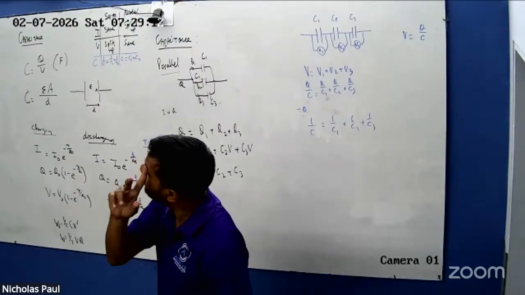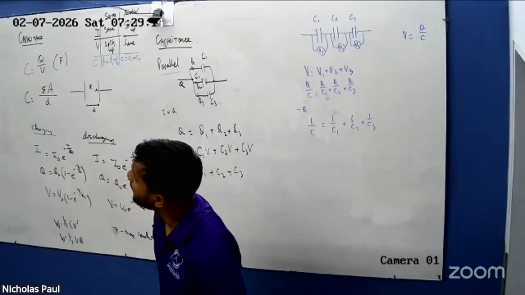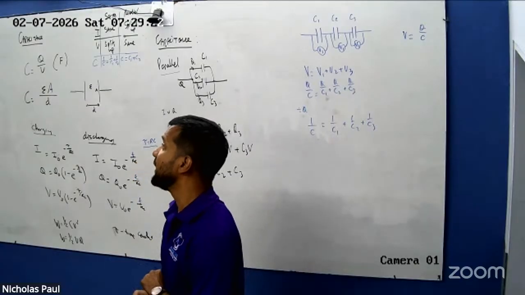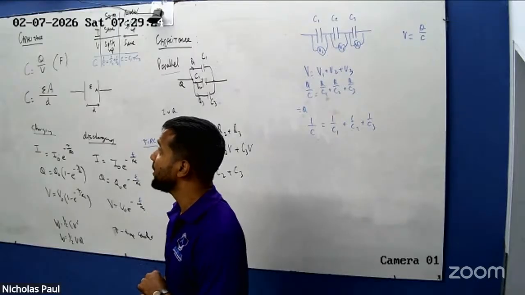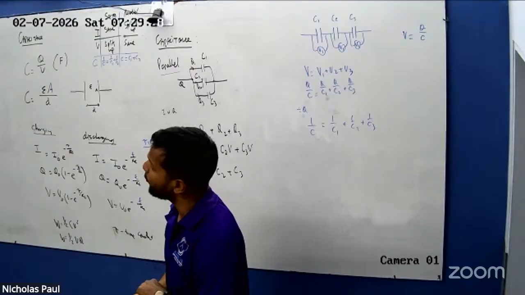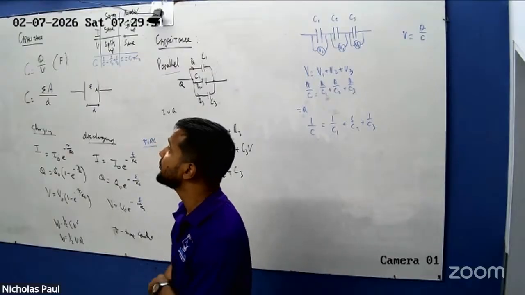Any graph formulas? Oh wait, no, that's the wrong one. So when do we use the log method? When they ask you to linearize. If you have a curve, you have to use what we just did. If they ask for a straight line or gradient, you have to linearize.